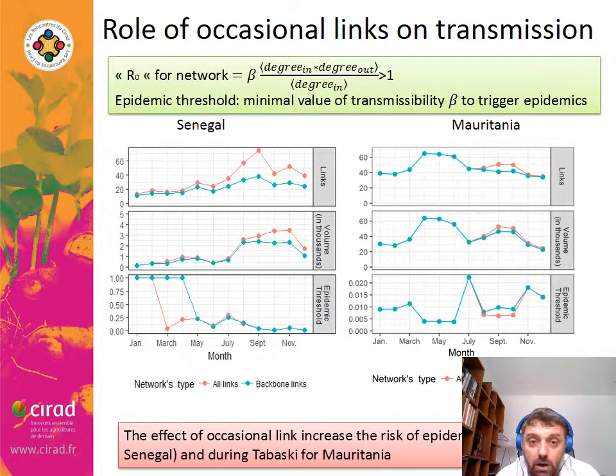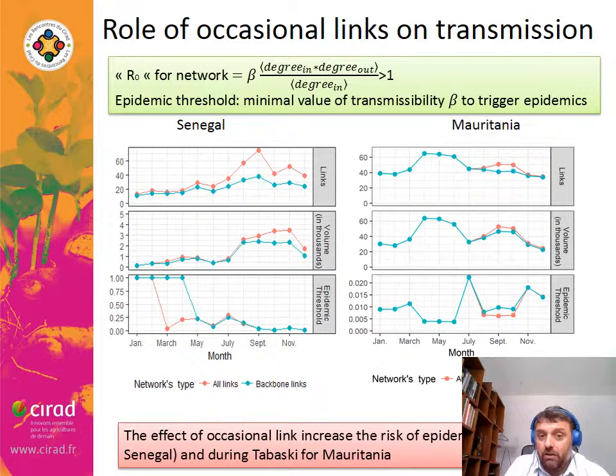In this case, the blue line corresponds to the epidemic threshold evaluated on the network without the occasional links, and the red one indicates all the networks, including the occasional ones. Now, the lower the value of the epidemic threshold, the higher the probability of a disease being transmitted from one node to another one, and then through the whole network. And we see that there is a huge gap here, indicating that these occasional links can have an important role, and can affect the spread of the disease during the year.